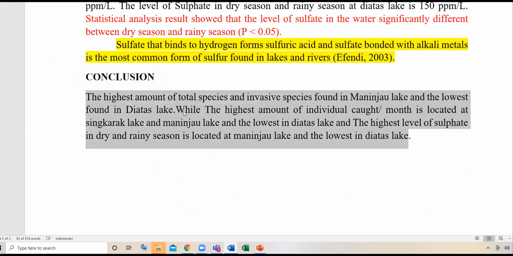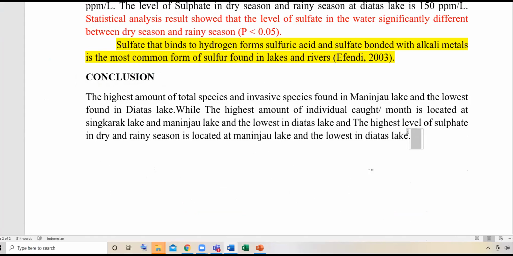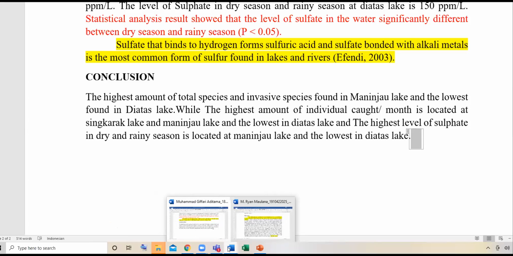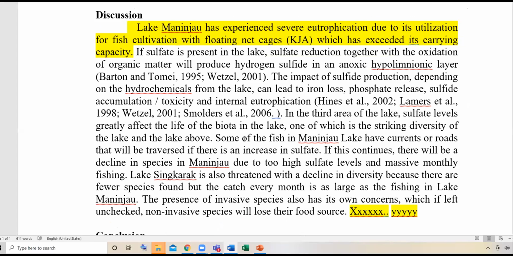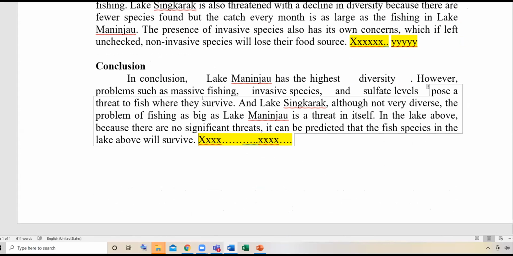But remember, besides first describing the major findings, you have to follow it with the implications or the relevance. Okay, let's take another, for example the conclusions of Ryan. Also the same.